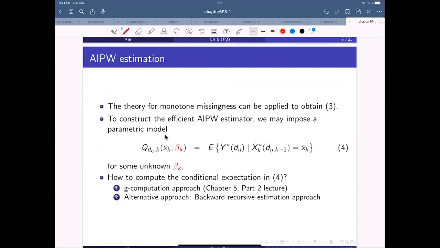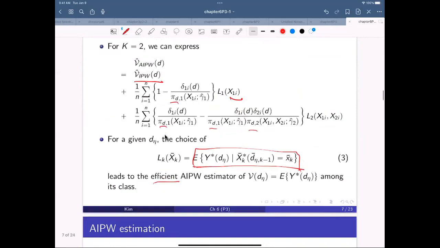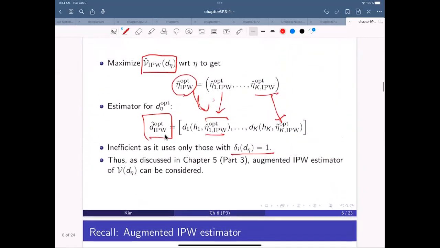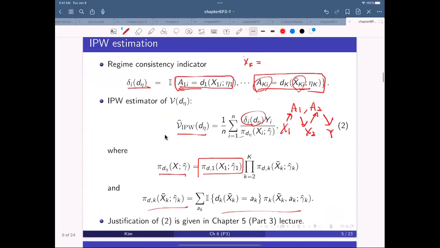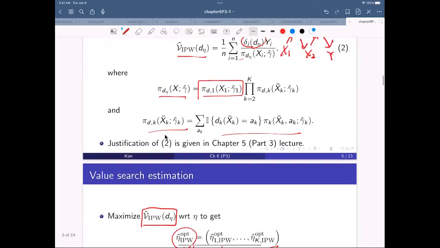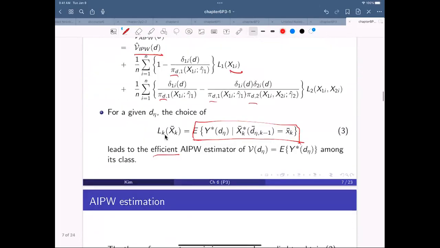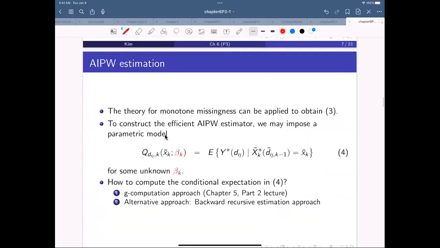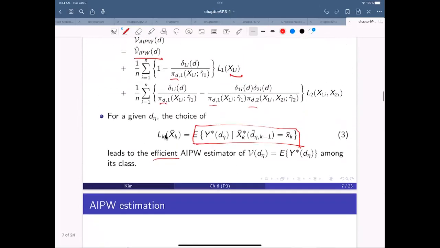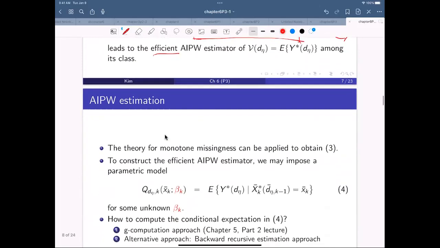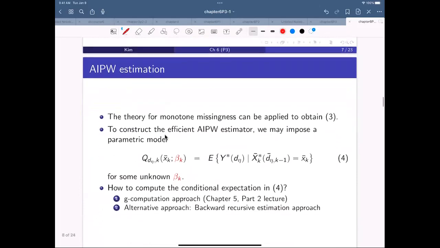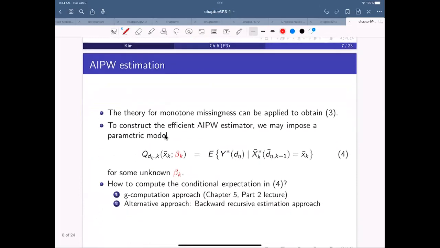For the theory for monotone, basically, if you introduce this regime consistency indicator, it becomes a monotone missing data problem. So the optimality here is derived using the monotone missing data theory.